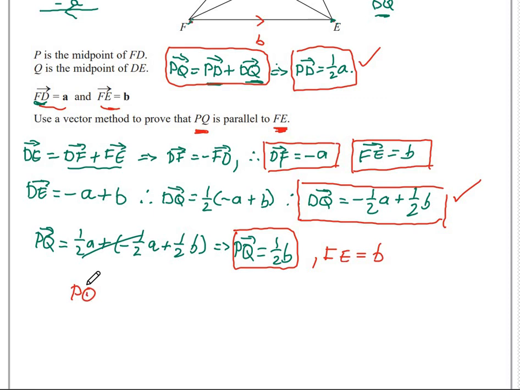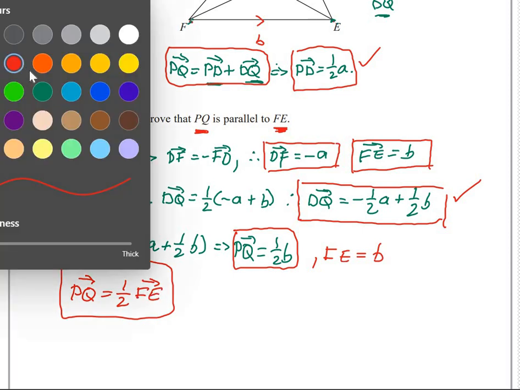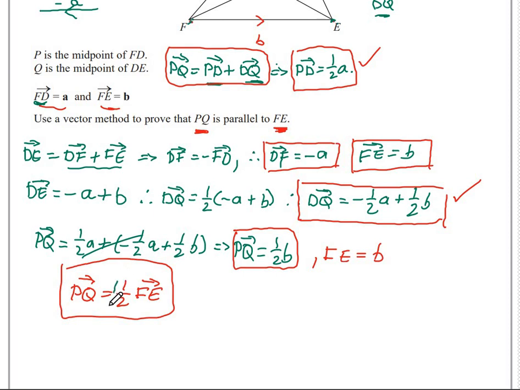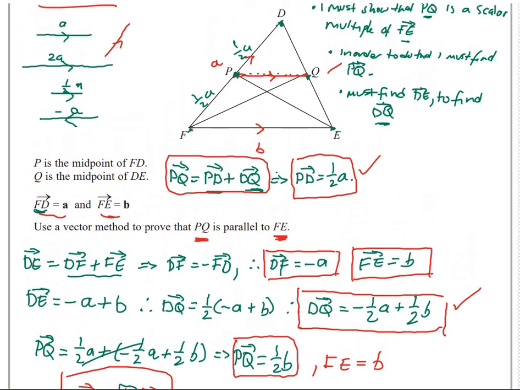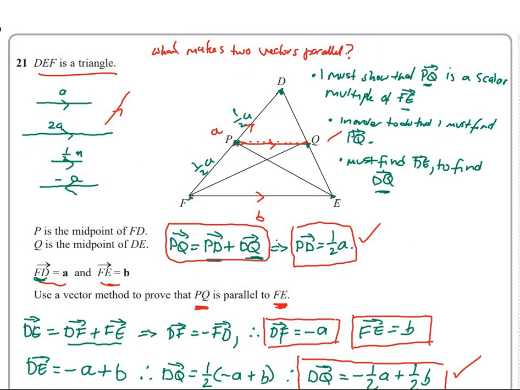PQ equals half B, and we know that B equals FE, so PQ equals half FE. So PQ is a scalar multiple of FE. Here's my scalar multiple here. Alright, let's move on to our next vector question.